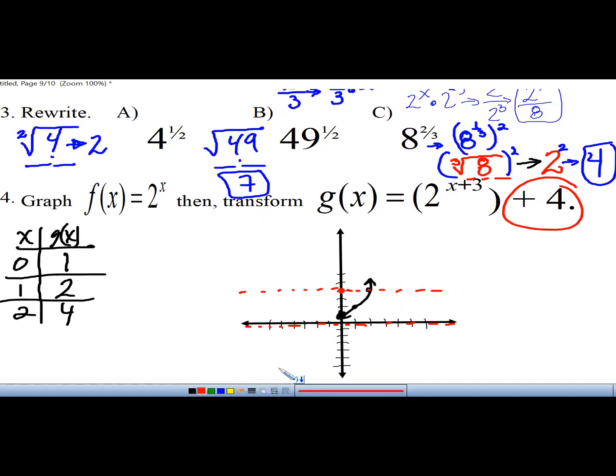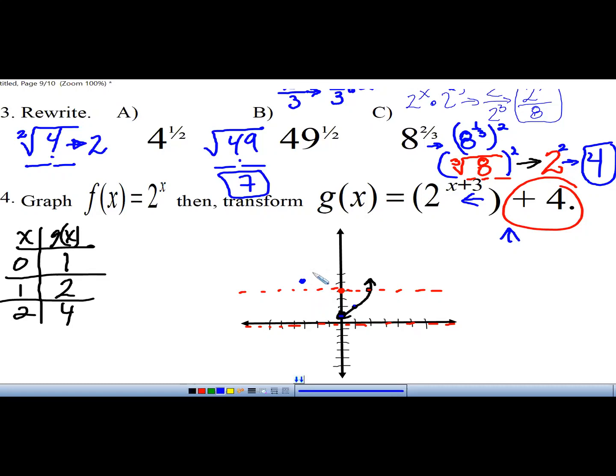However, according to the transformations, for the new function I'm going to move 3 steps to the left and 4 steps up. So I'm going to take this point right here, which is at 0, 1. I'm going to move it 3 to the left, 1, 2, 3, and 4 steps up, 1, 2, 3, 4. This next one, 1, 2, I'm going to go 3 to the left and 4 steps up.